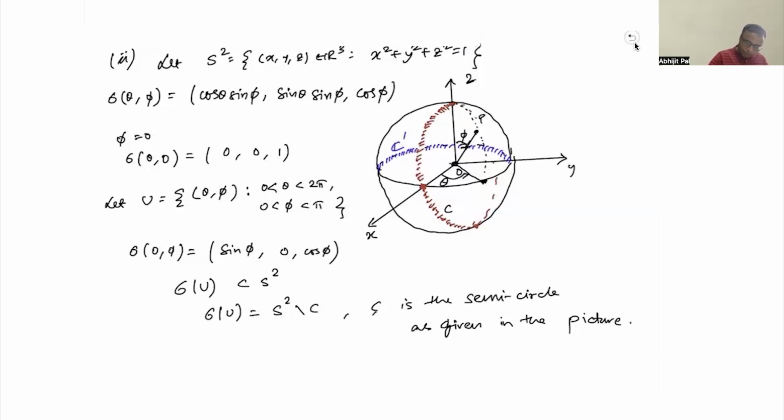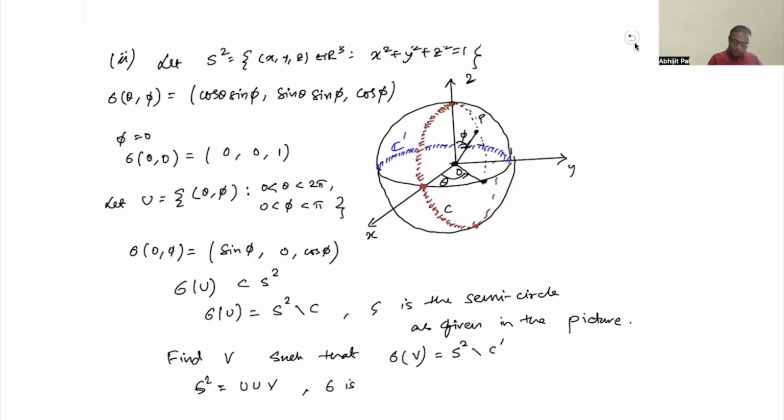So find B such that sigma of B is equal to S2 minus C prime. Okay. And clearly this S2 is U union this B.